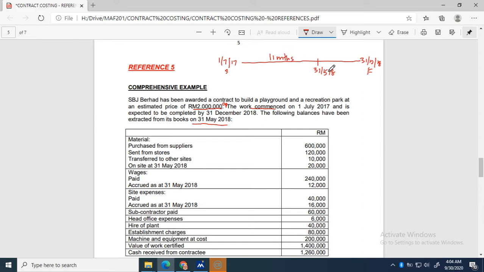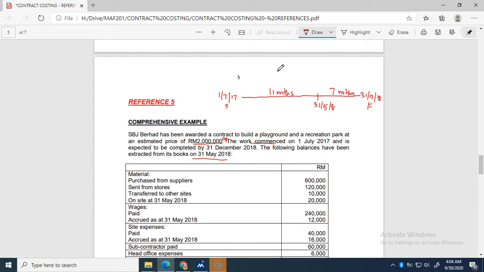From 31st May to 31st December is about 7 months. The contract price is for the whole project, so the contract price for the whole project is 2 million.